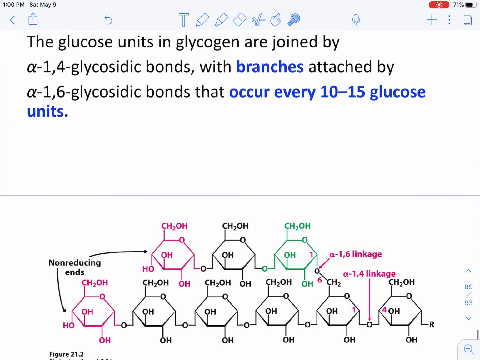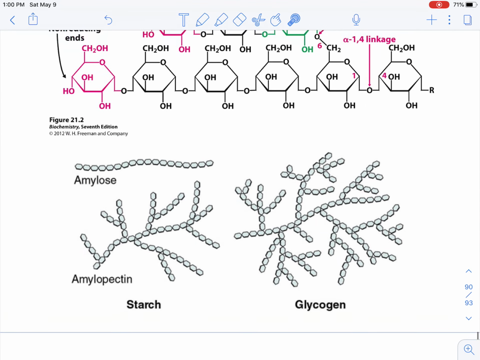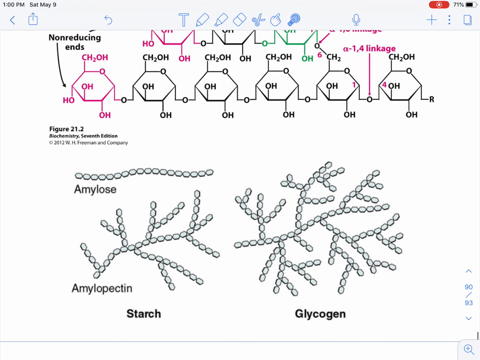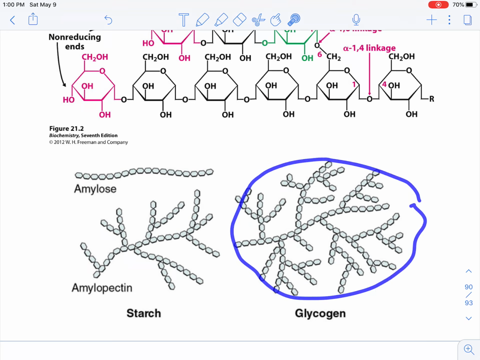The only difference between glycogen and amylopectin is the frequency of the branching points. I decided to add this image just to give us a visual of what amylose, amylopectin, and glycogen look like. As you can see, glycogen is much more highly branched.